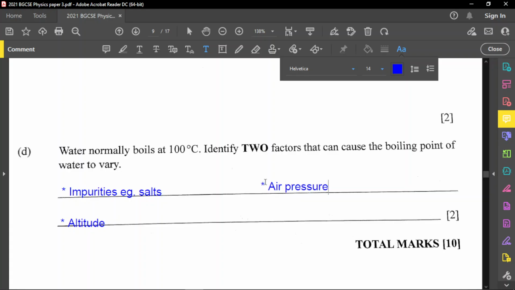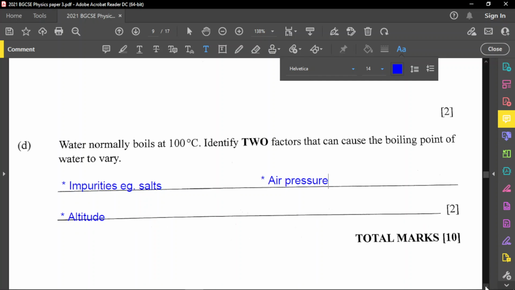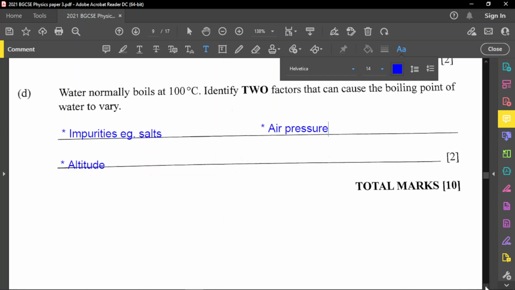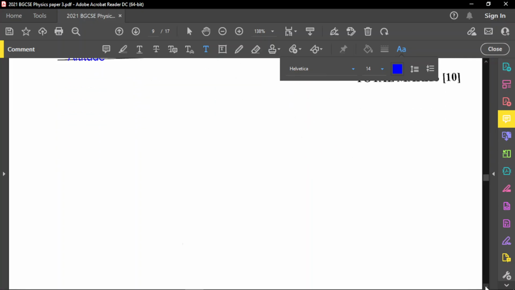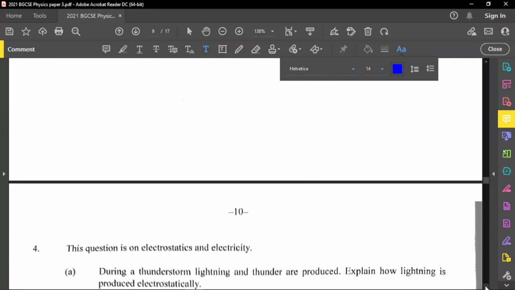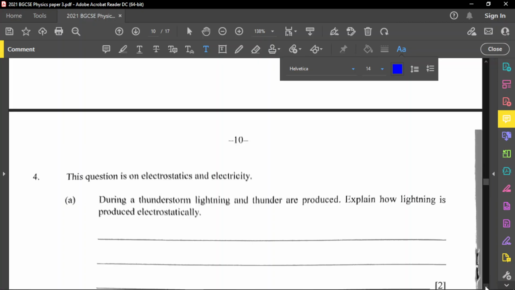So if you're at sea level versus a high altitude, then definitely the air pressure will be different, and it will affect the boiling point of the water. All right, because remember, as water boils, it creates a force as well, right? So if air is pressing against the water, then it would affect how these particles will actually move, and also how much heat is transferred to each of the particles as well.